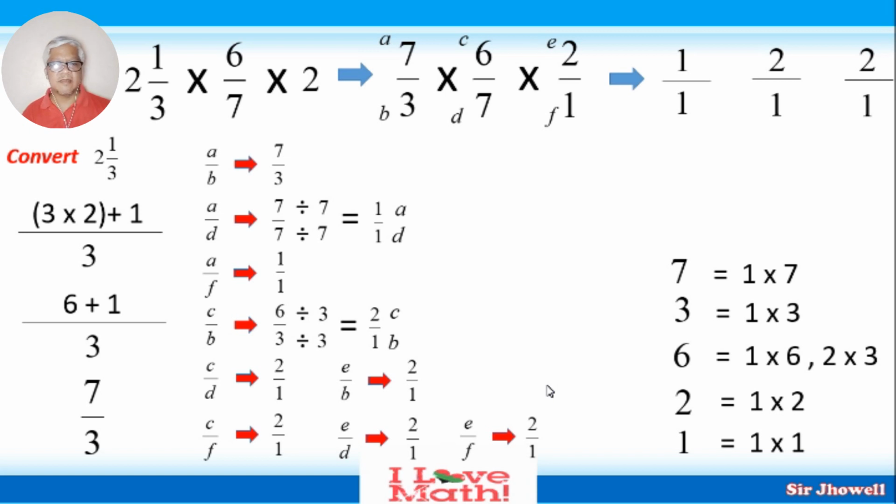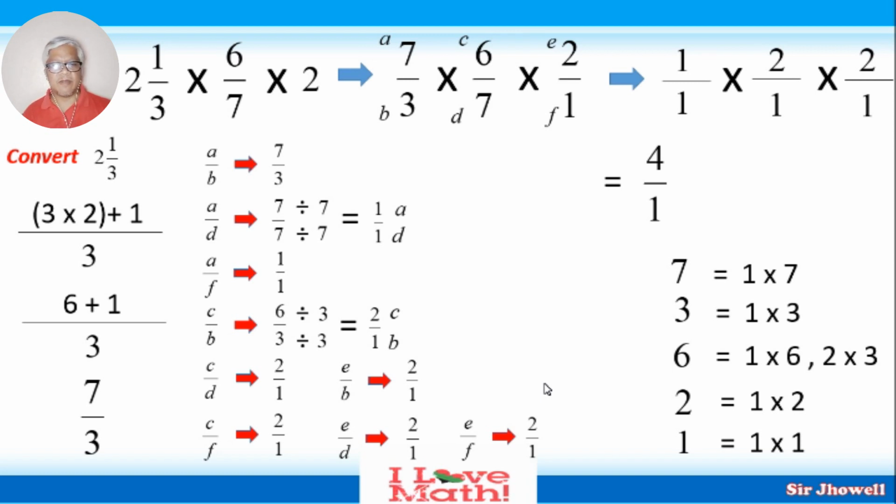Kaya naman, tingnan natin. Time for us to get the product of these 3 fractions. Ngayon, ang tanong, what is 1 times 2? 2 times 2, 4. So, therefore, we have 4 over 1. Why 4 over 1? Kasi nga, 1 times 1, the denominator is 1, times 1, 1.